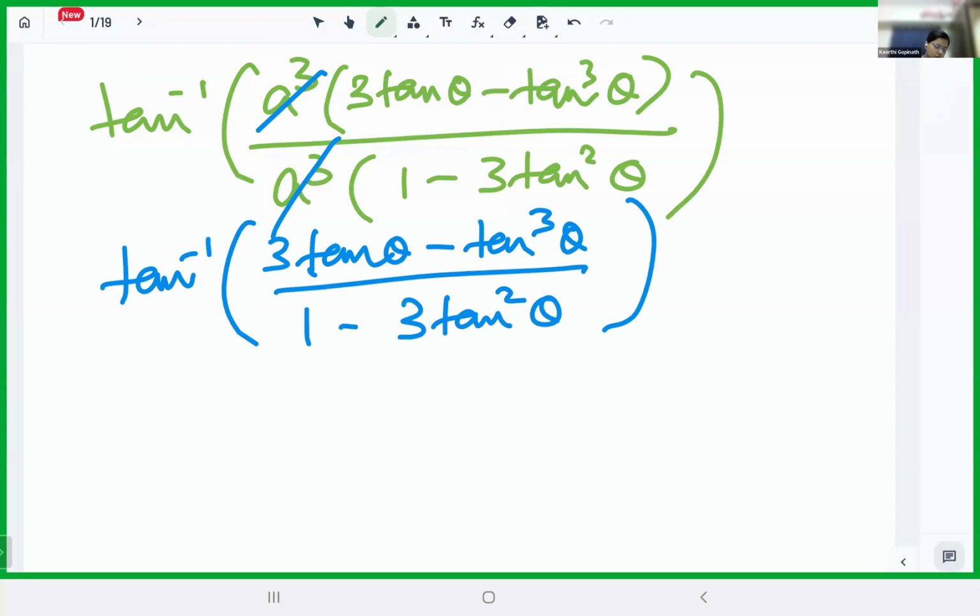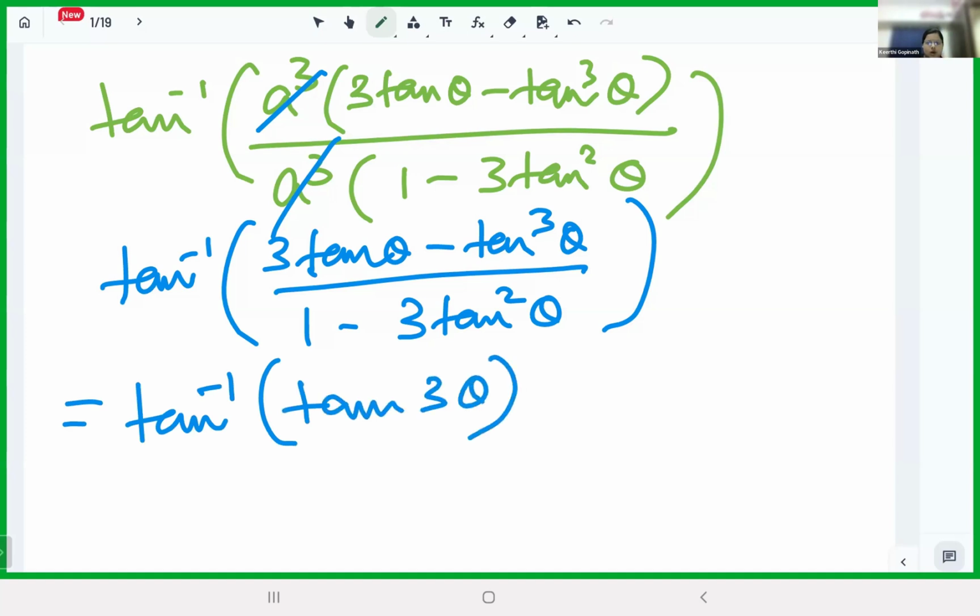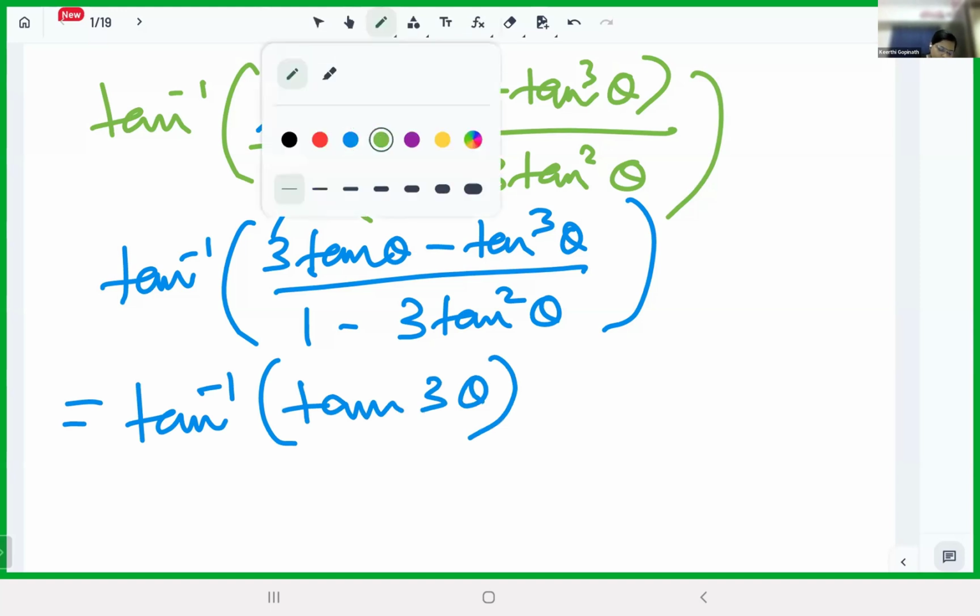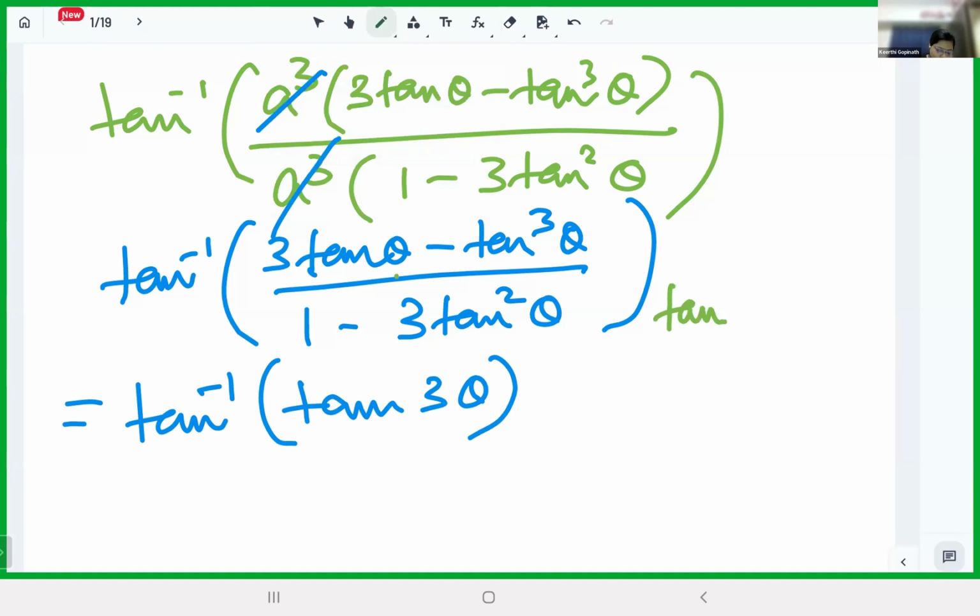Okay, so which is the identity? 3 tan theta minus tan cube theta by 1 minus 3 tan square theta is nothing but tan 3 theta. So it is tan inverse of tan 3 theta. So we can use the property of inverse, right? The property of inverse was tan inverse of tan x is equal to x.